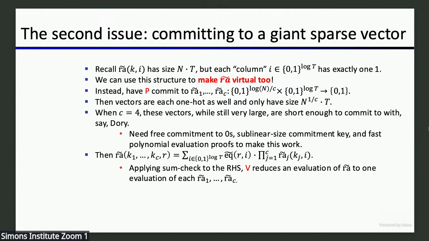You define the one-hot thing to be the tensor product of these smaller one-hot things. You tensor product one-hot things, you get a one-hot thing. In this way, you pay another sum check, but it's pretty cheap, and you can mitigate the whole 2 to the 64 thing.